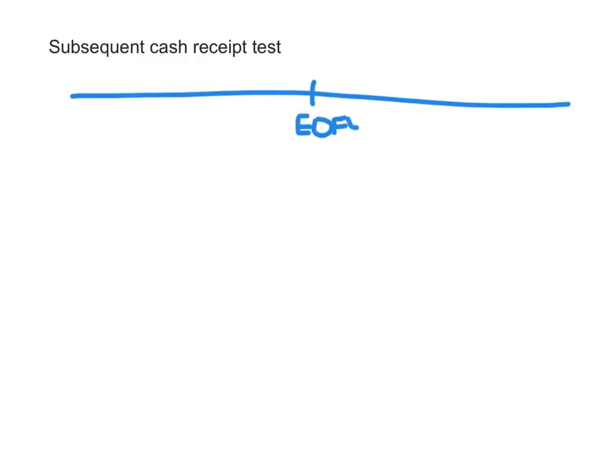So the subsequent cash receipt test works like this. Here is the end of the financial year. And what I have at the end of the financial year is I have debtors.